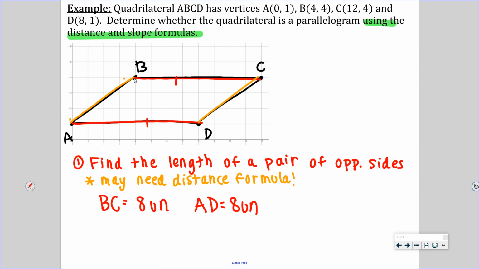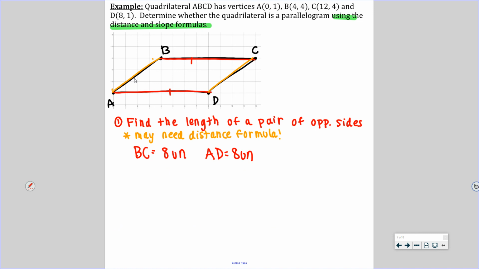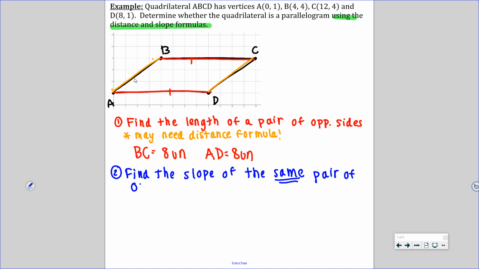They're the same distance or same length. Now we just have to show they're parallel. So then you're going to find the slope of the same pair of opposite sides.